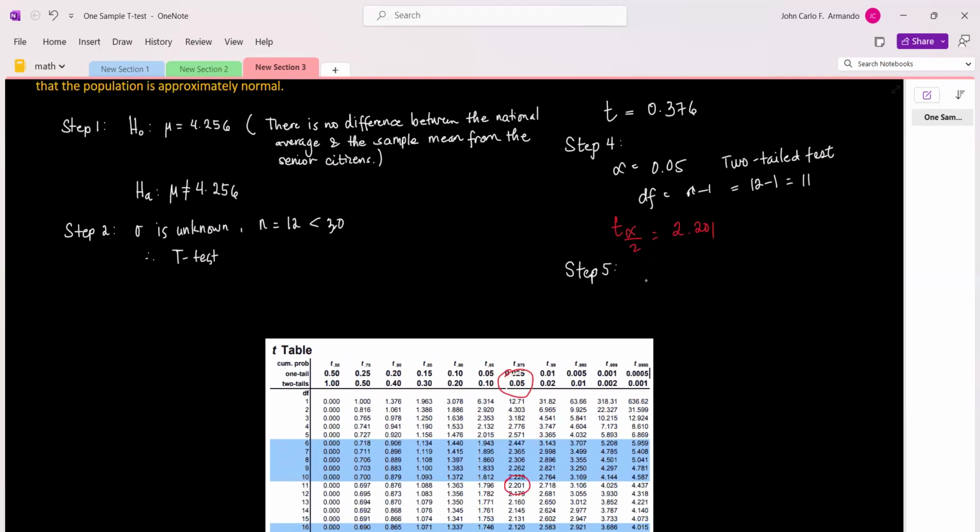So if the T computed, the T statistic, its absolute value is greater than the critical value, we reject H0. Otherwise we accept. So our T here is 0.376. This is less than 2.201. So what is our decision? We fail to reject H0. So what conclusion can we make?